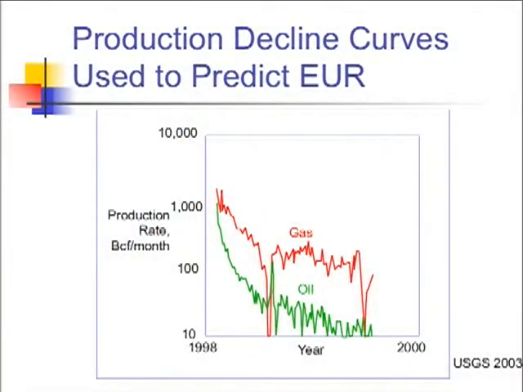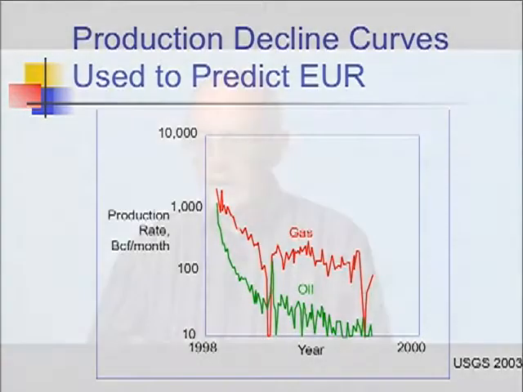The USGS, within these cells in the accumulation units that I pointed out earlier, for those areas that have already been drilled, simply used production decline curves for gas, for example, or for oil, and projected these decline curves into the future down to some, let's call it economic limit, to determine the estimated ultimate recovery from that cell.